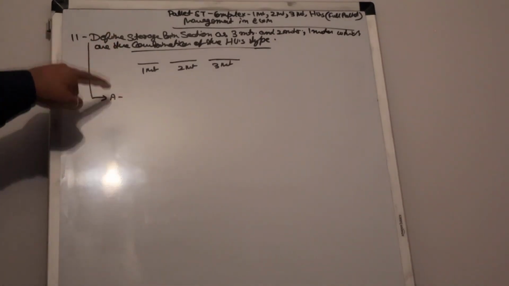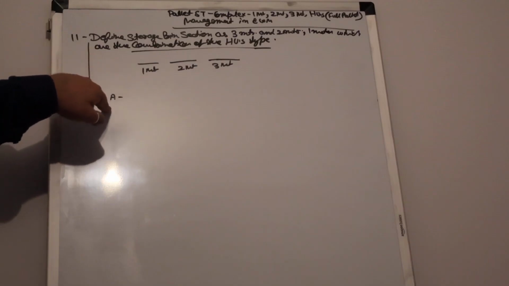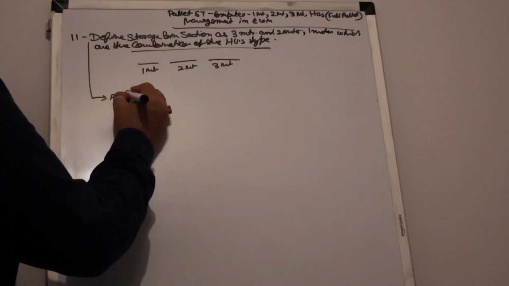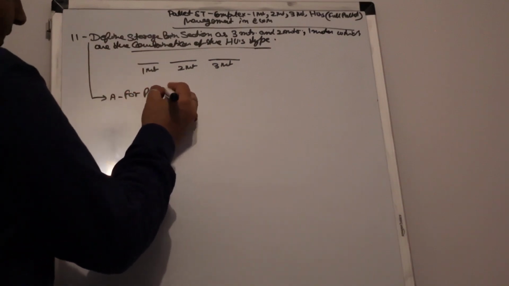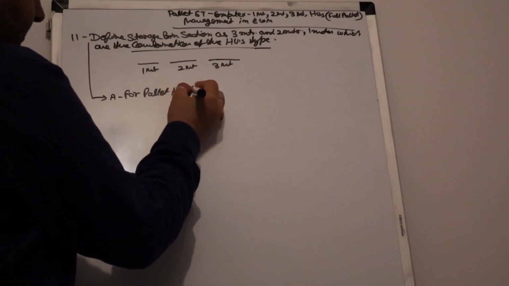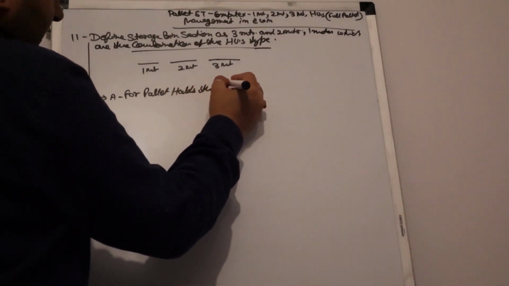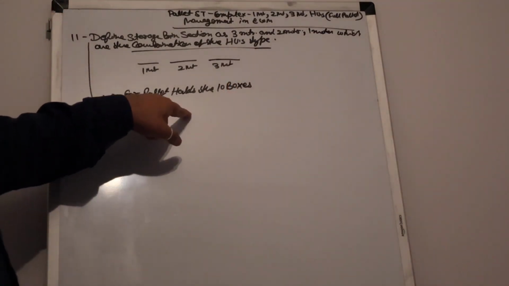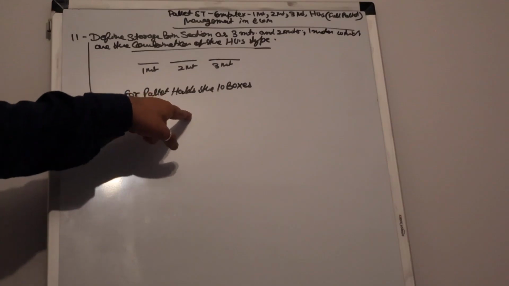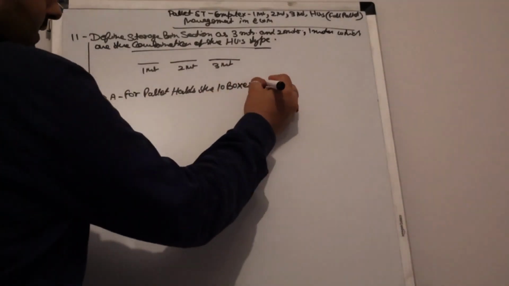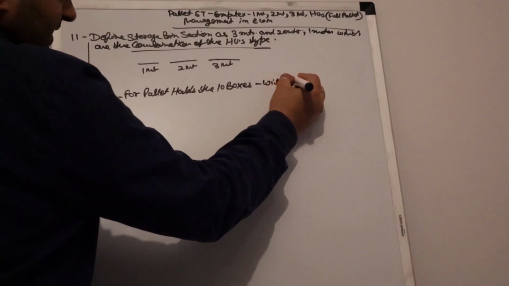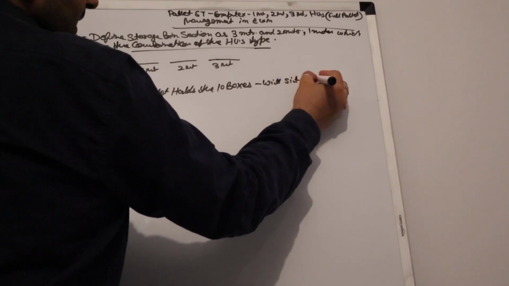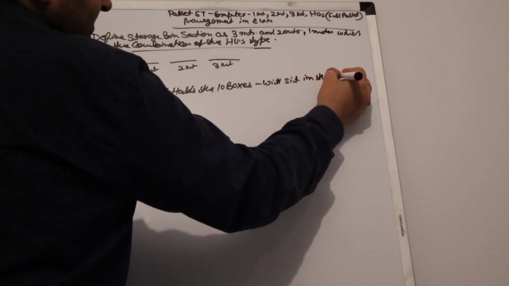This is the inherited point in the same 11th point. For a pallet that holds 10 boxes, I give an example. Suppose the pallet which holds the 10 boxes will sit, see carefully, this is very important, in B001.